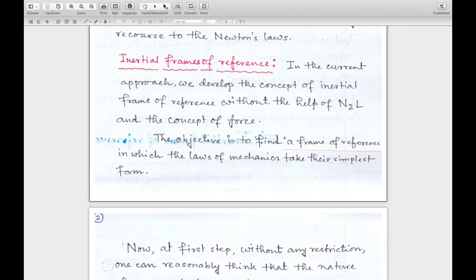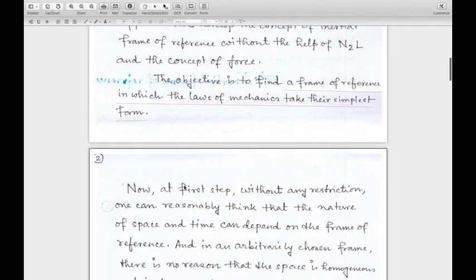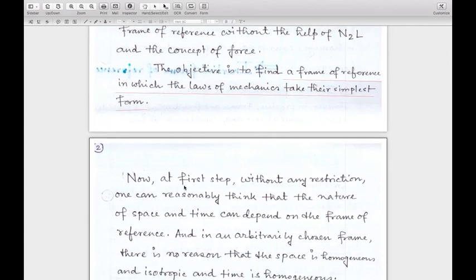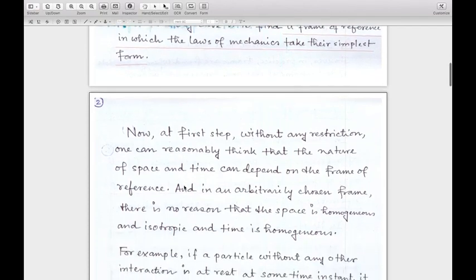Now we just want to find a frame of reference in which the laws of mechanics take their simplest form. Simplest form simply means no unnecessary complications. Anything which is non-intuitive should not come in the description. Of course, simplest form doesn't have any concrete mathematical meaning. It is very subjective, but something which is not really very intuitive should not be entertained. That is the message.